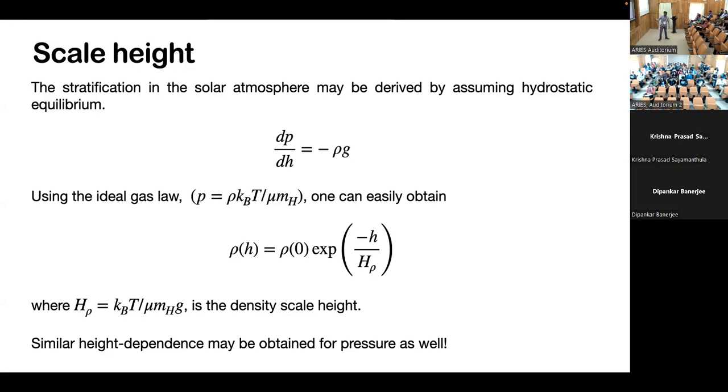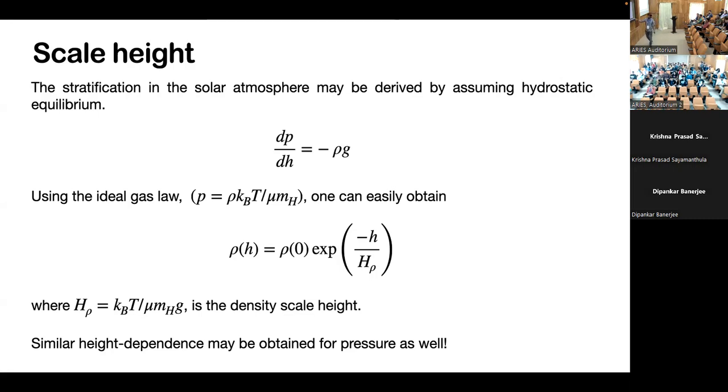Like you have seen previously with intensity, the density, if the mass is gravitationally bound, will be exponentially falling. So theoretically speaking, density should be exponentially falling as you move away from the sun's surface, right?